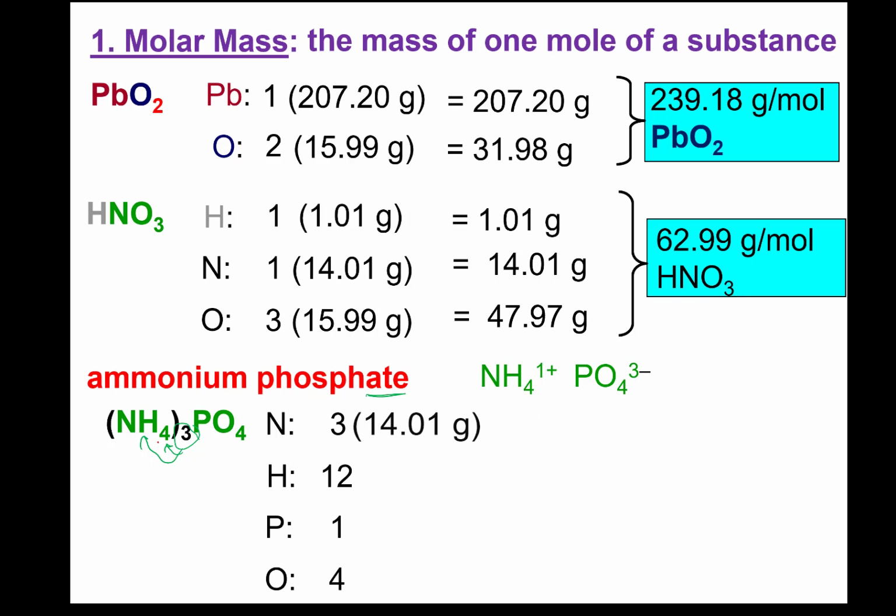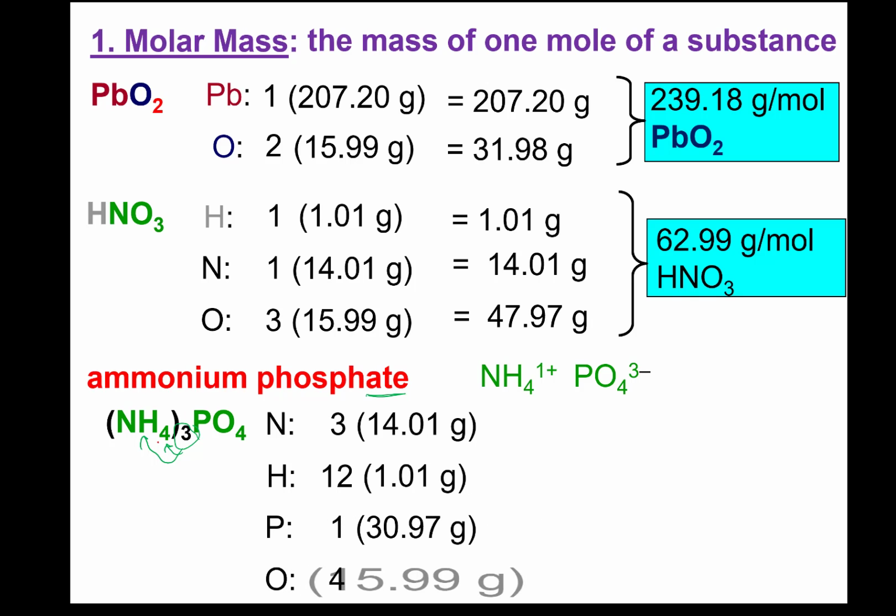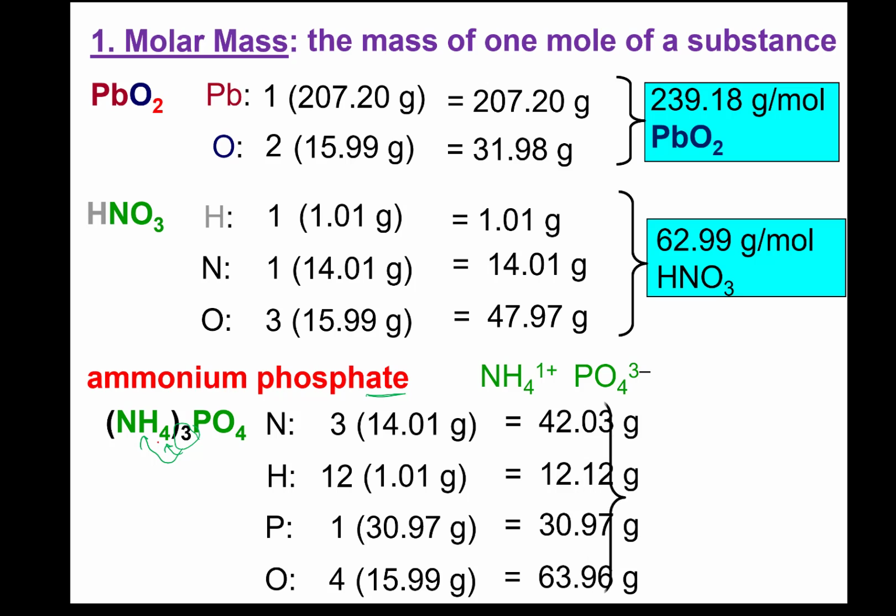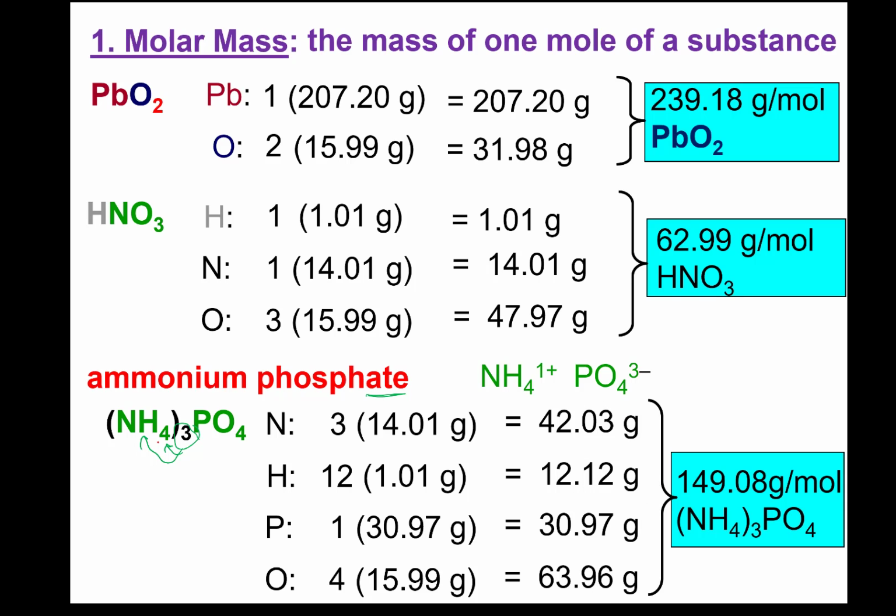Then go to the periodic table and write down their masses. You're going to multiply those together and then add the totals. And that's how many grams there are in every mole of (NH4)3PO4. That's molar mass. Not bad, we've done it before. The tricky part is just maybe writing the formula from the name, or maybe remembering how to multiply when you have parentheses to figure out how many atoms you have of each type.